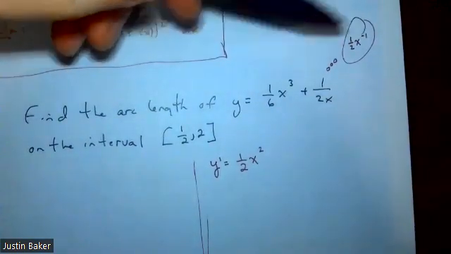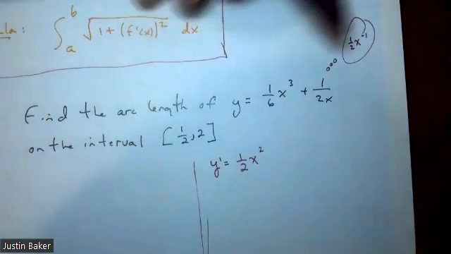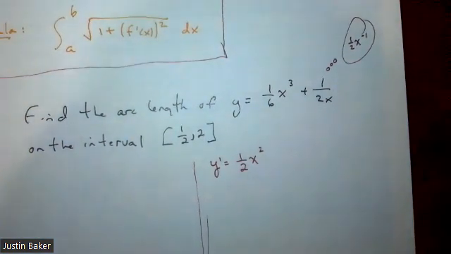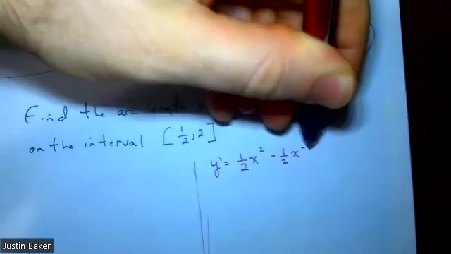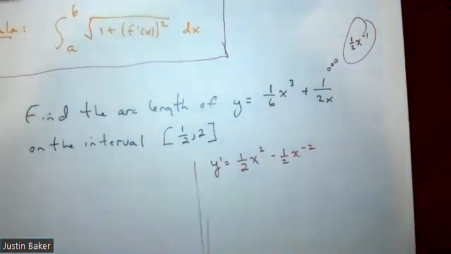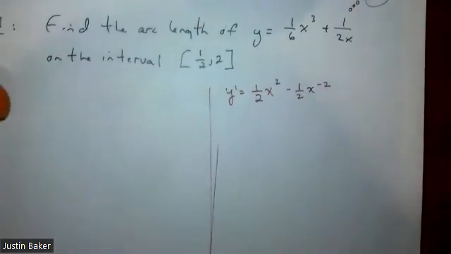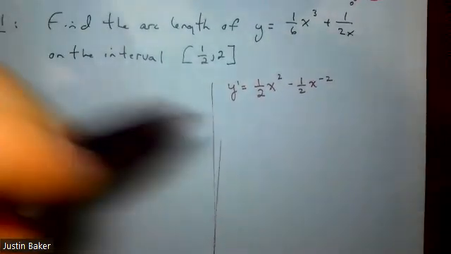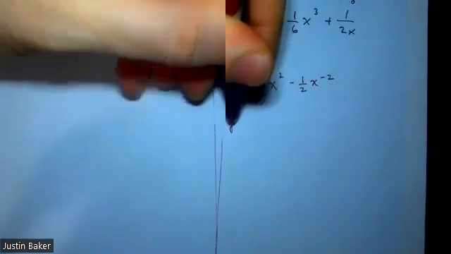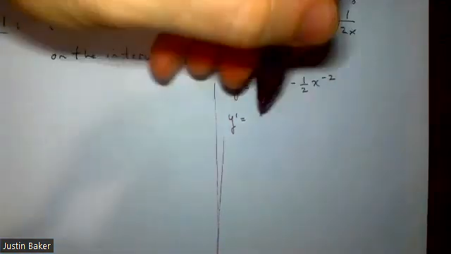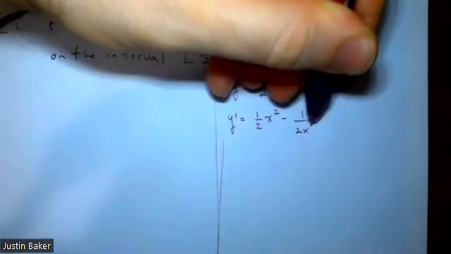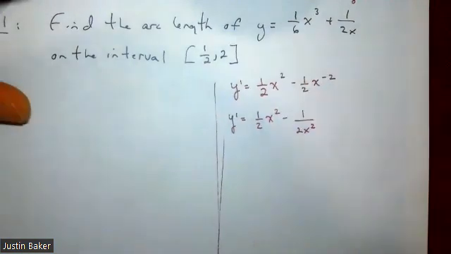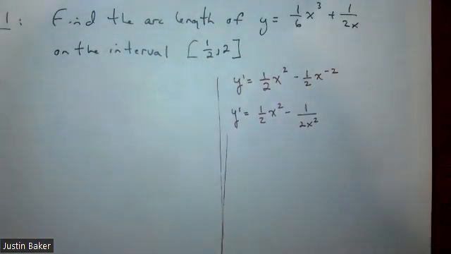So now when we take that derivative, that's going to be negative half x to the negative 2. Now we're going to clean that up and flip that downstairs. So the derivative is equal to x squared over 2 minus 1 over 2x squared. All right, so that's our derivative.